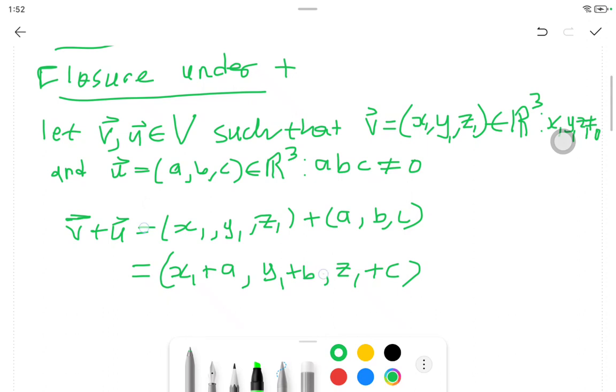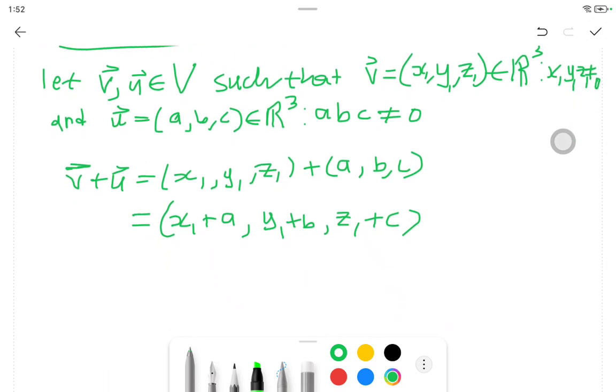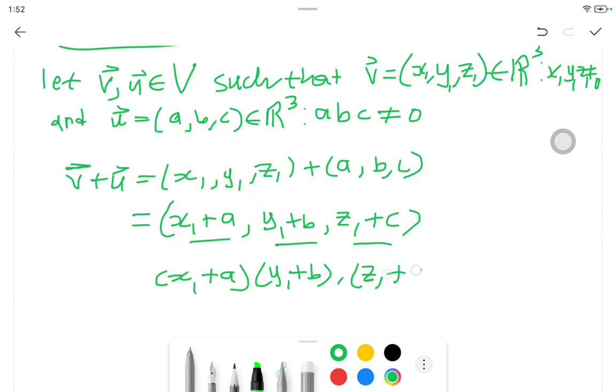The aim here is to find that when we multiply x1 plus a, y1 plus b, and z1 plus c, the product is not equal to 0. This is what we must get.